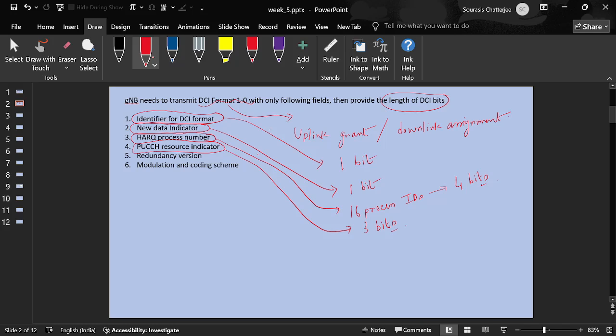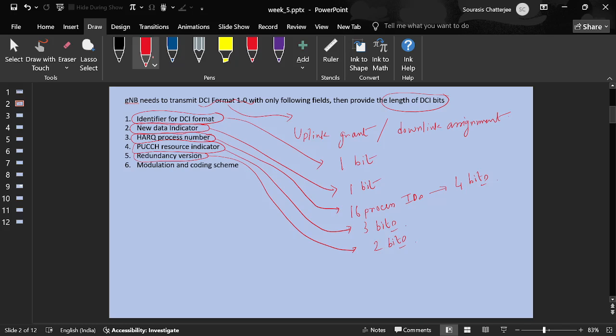What about the redundancy version? How many possible are there? RV, only two bits are possible. Okay, and why do I need only 2 bits here? RV0 to RV3.